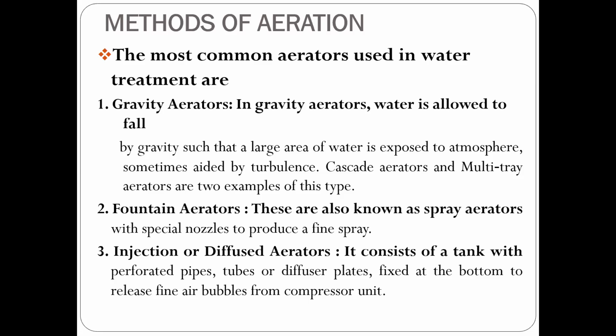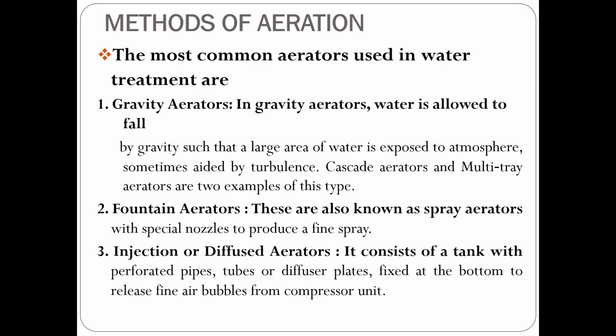Second, the fountain aerator. Fountains are what we always see at government buildings; when entering a government building, most of the time a fountain can be observed in front. In it, water is discharged by fountain action in the form of fine spray.